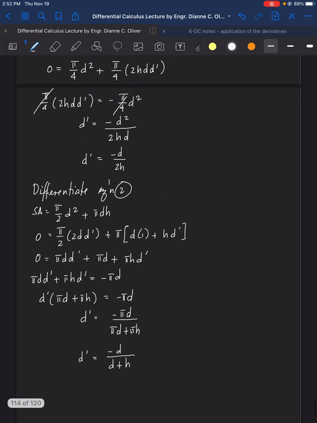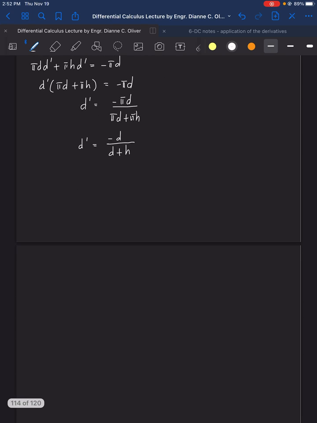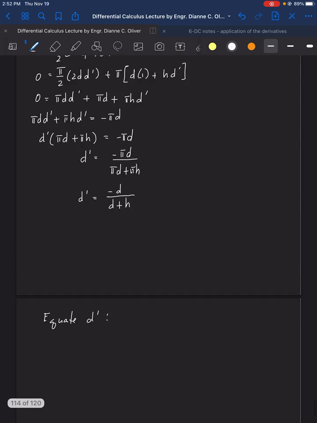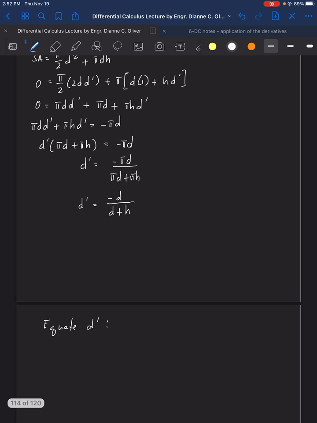Then equate d prime. So our first d prime is negative d over 2h. Second is negative d over d plus h. Cancel the negative sign.